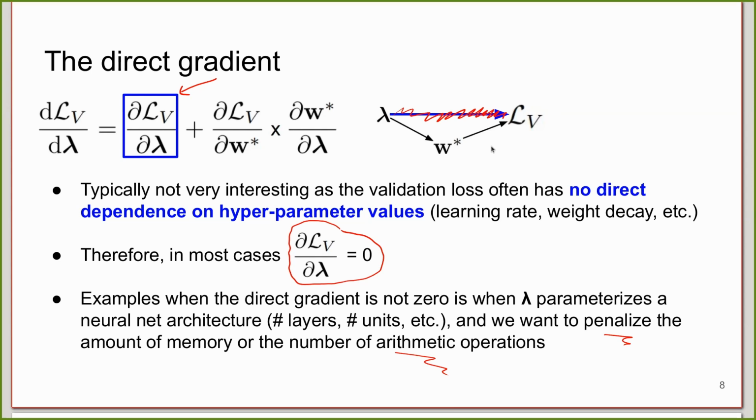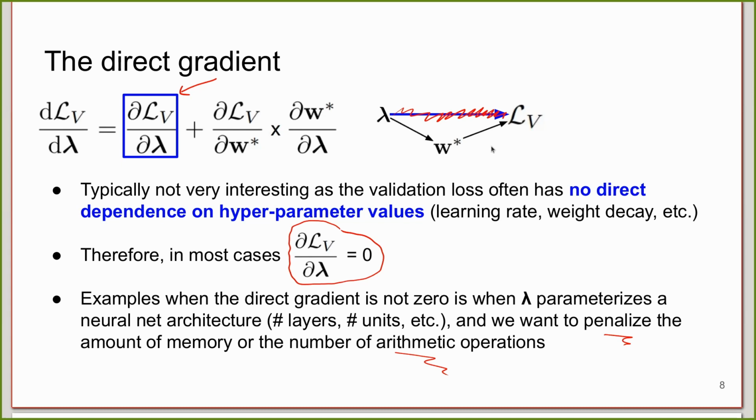When you write your validation loss, you will write some expression, and it's going to have W star there, and maybe there is some lambda there. If there is a lambda there, then there is a gradient. If there is no lambda, then there is no gradient. So you know that beforehand. As soon as you specify the validation loss, you know if this happens or not.